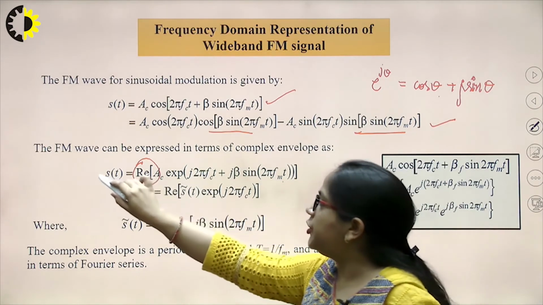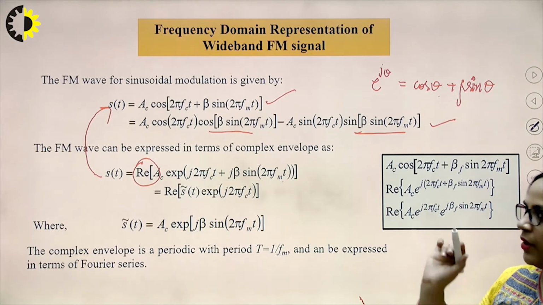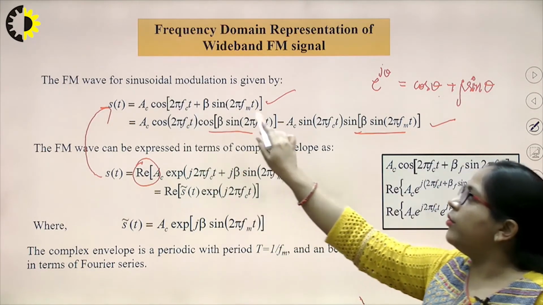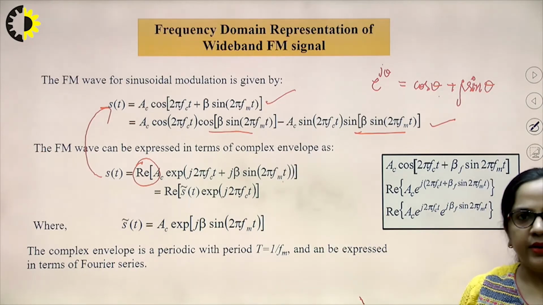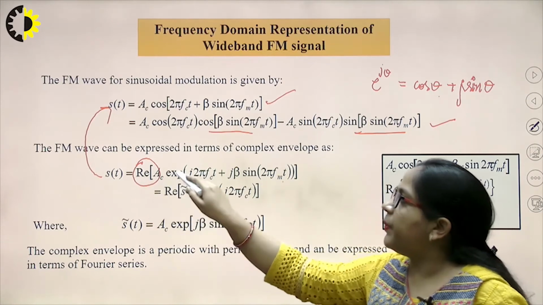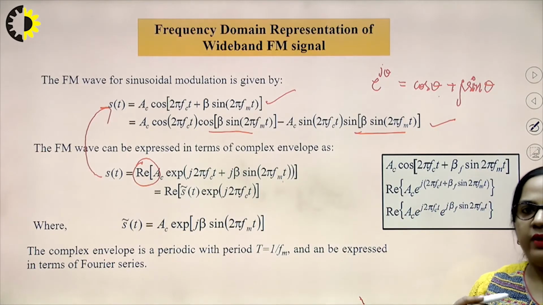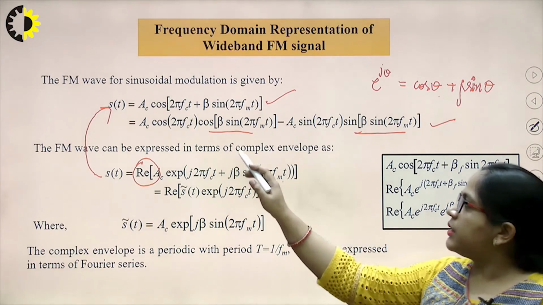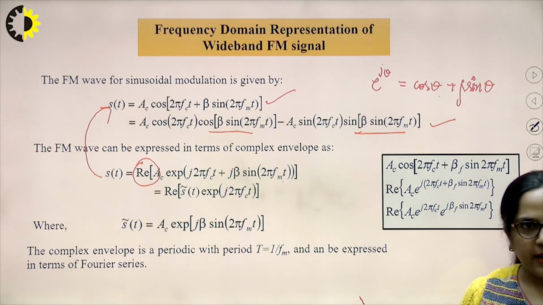So we have mentioned this expression in terms of its complex envelope, where we include only the real part, because in our expression there are only real terms. When we expand this and consider the real part of the expansion, we get the same expression. So we have done nothing, we are just rewriting the same expression in terms of the complex envelope.